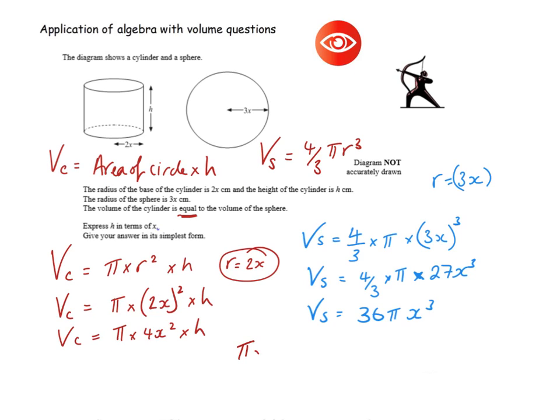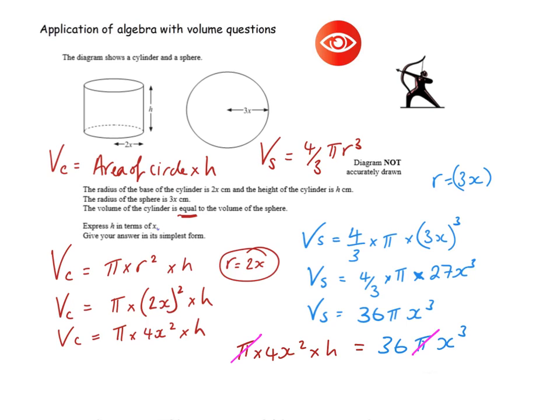So we've got pi times 4x squared times h, and that is equal to the 36 pi x cubed. So we're going to cancel out what we can on both sides, so we end up with h on its own, hopefully. We can see that the pi is on both sides, so we can cross that off.